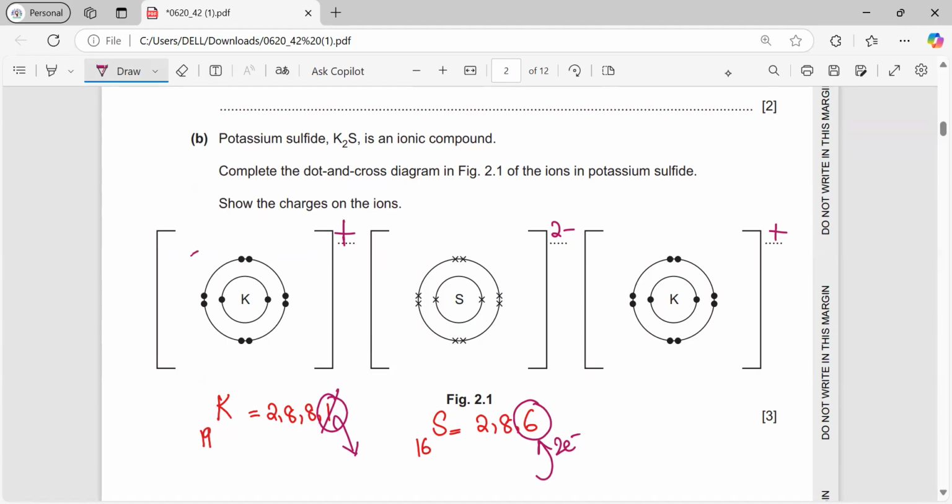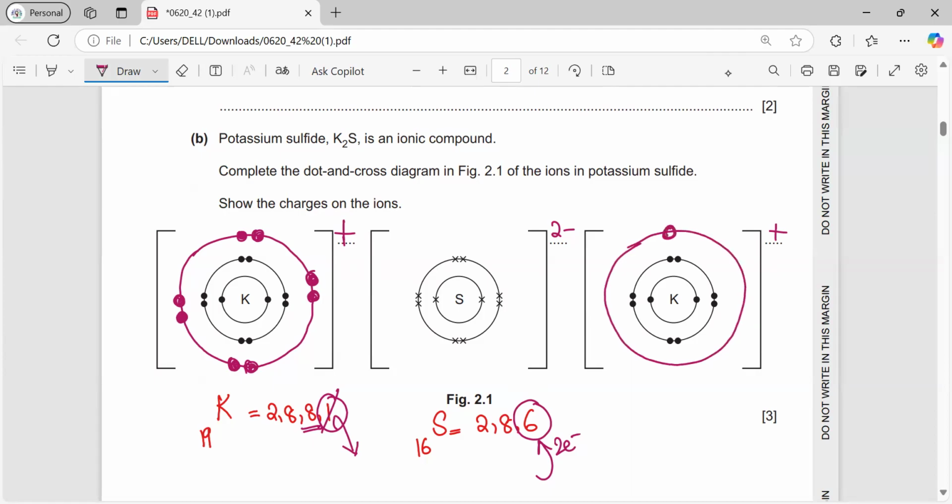We will draw the third shell of potassium, because the 2 shells are already drawn here. We'll draw the third shell with 8 electrons: 4, 5, 6, 7, and 8. Similarly, we'll draw the next potassium also with 8 electrons.